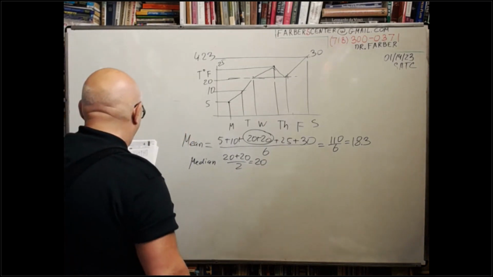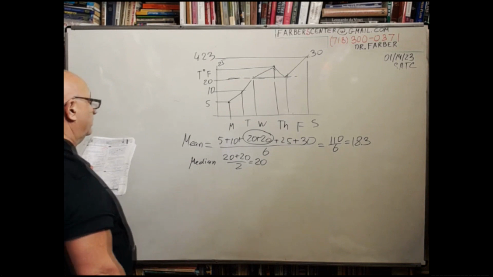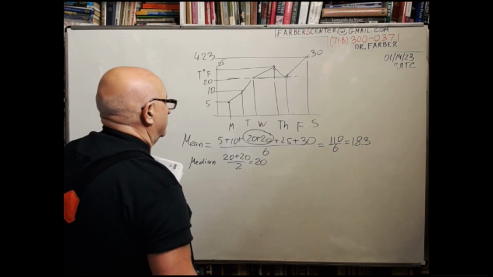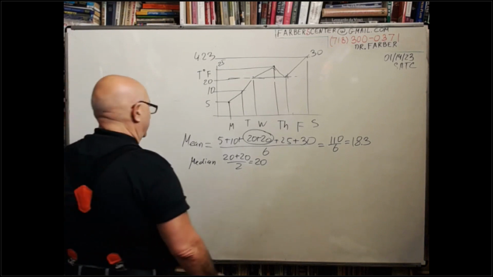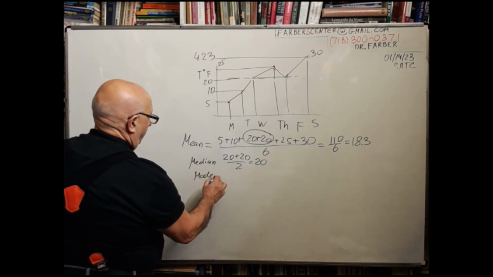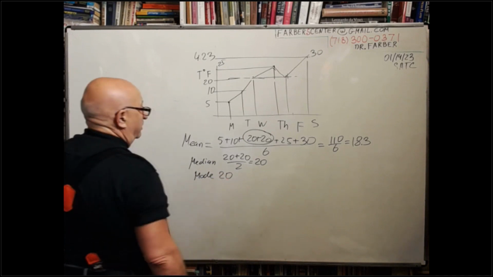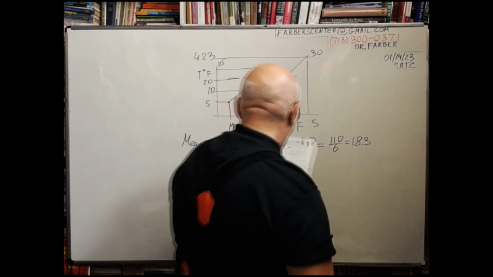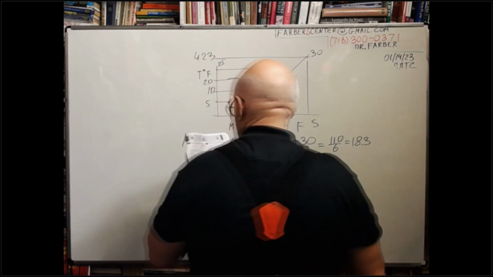And now eventually mode. Mode is the number which occurs most often, and mode equals 20. When I found all of these measures of central tendency, I can easily look at the multiple choice. Is mean equal to median?